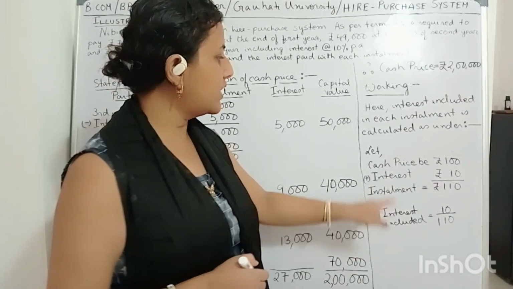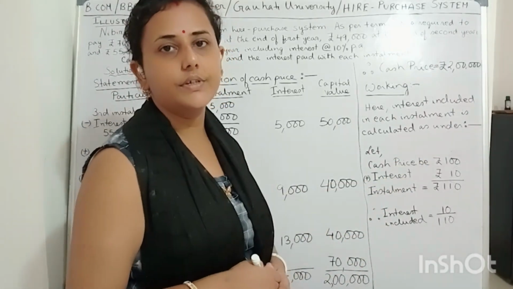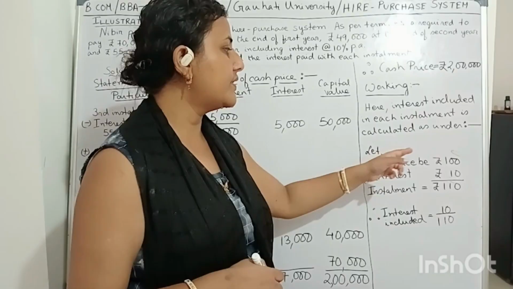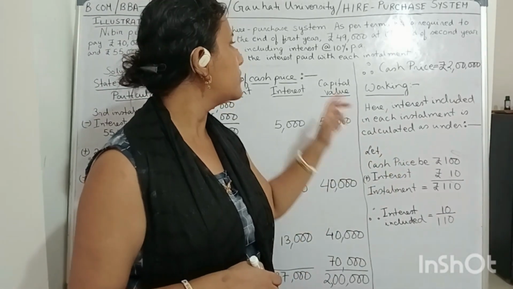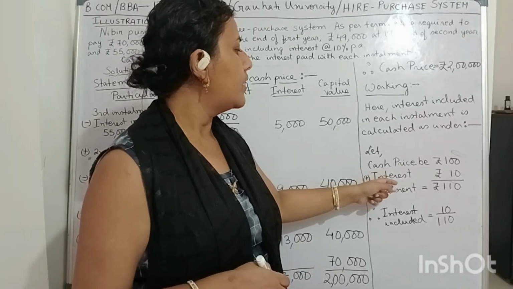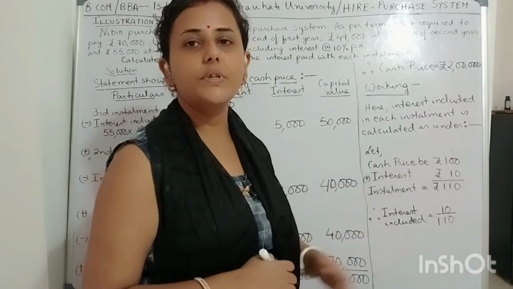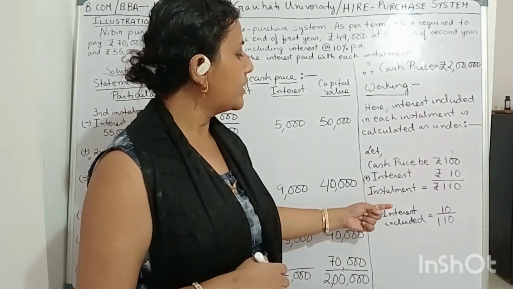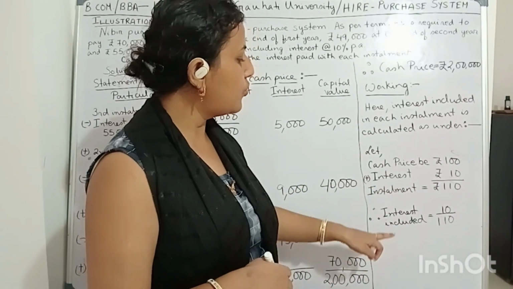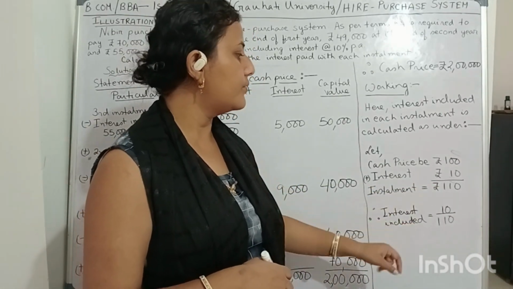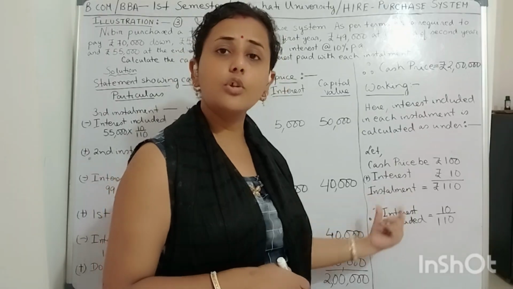Suppose the cash price is rupees 100. If you add interest at 10% per annum, that is rupees 10, what is the installment? It is 110. So what is the interest included in the installment value?